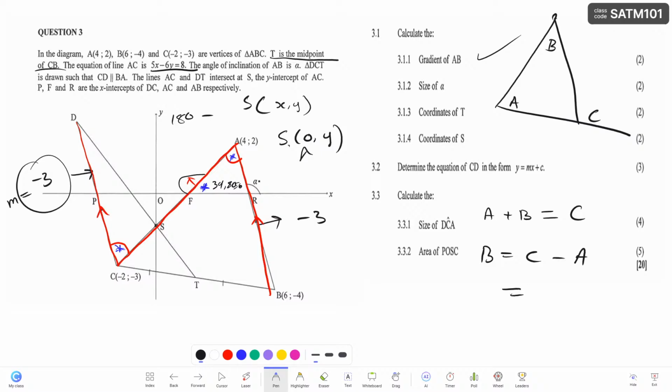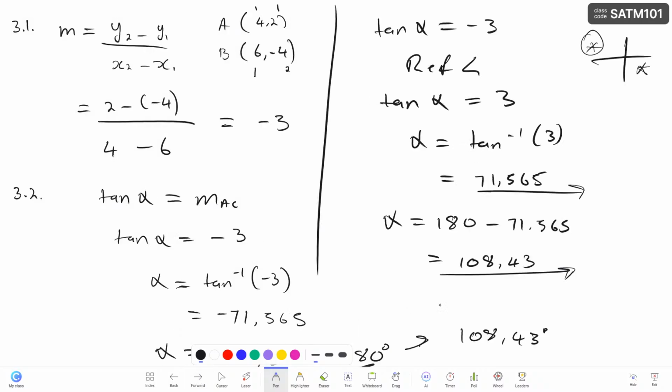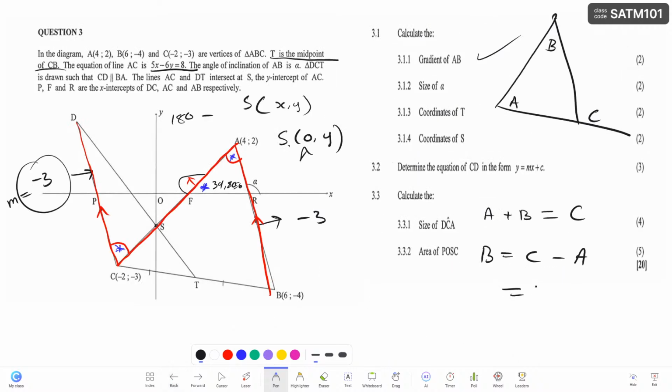So what is our C? Our C is this angle that we got, which was 108.43. So 108.43 minus A. A is this angle here, which is 39.8056.